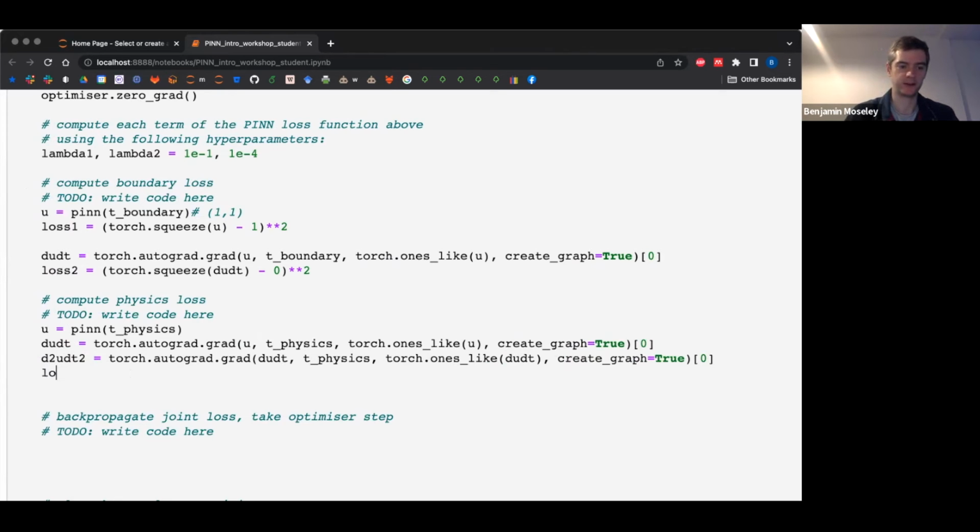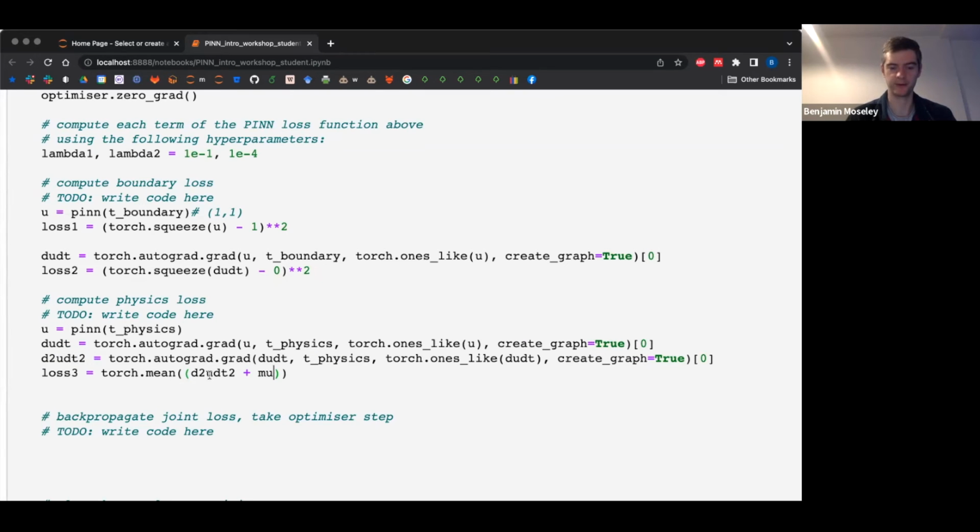And then finally, the loss function, we just combine these three quantities together. This time we're going to do a mean because we have more than one point in this physics array. And we're going to do the second order derivative here. Plus, this is where we write our underlying differential equation. We're just going to form it from all the terms that we have.